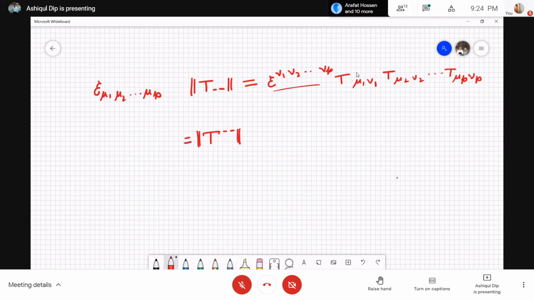You could actually use an upper index here as well, but that would make the Einstein summation convention inconsistent. That's why we chose to write it in a specific way. Okay, so we are going to write it like this.